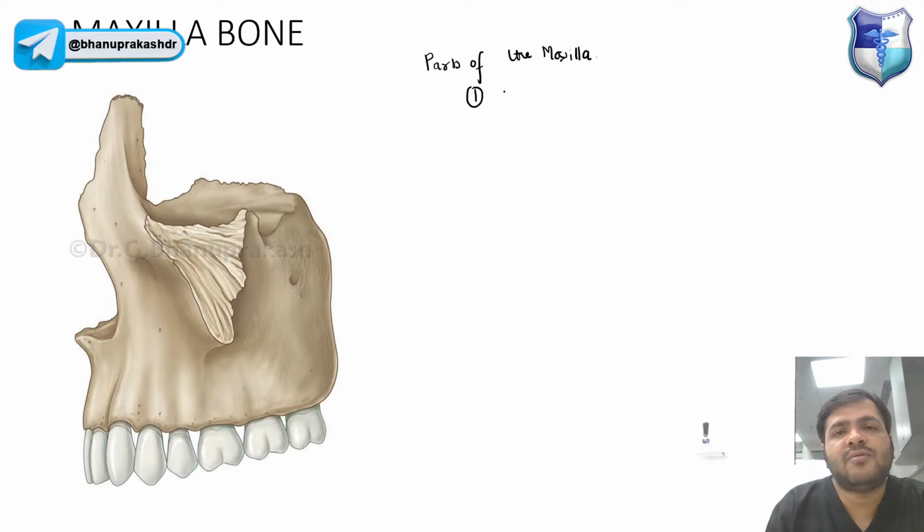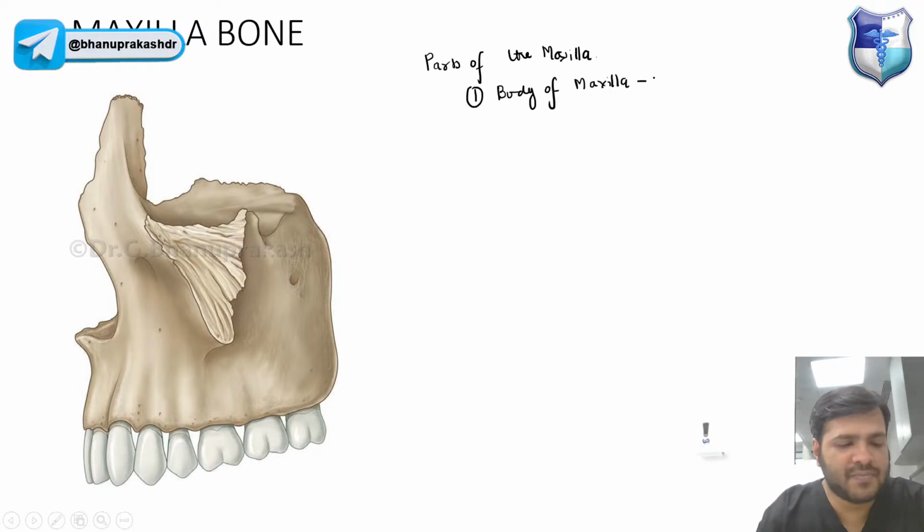So remember guys, we have the body of the maxilla, and remember it is pyramidal in shape. You can very well see right over here. It consists of 5 parts, beta.